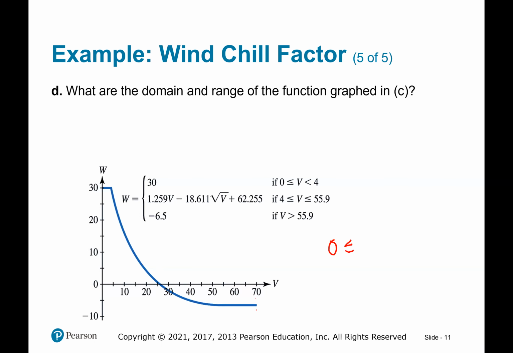No, it's actually stopping at 70 because of the way they told us to graph it. Yeah, I would agree with you that it technically would be infinity. But the way they told me to graph it, they told me to stop at 70. So I have some issues with that. So in interval notation, is that from 0 to 70?